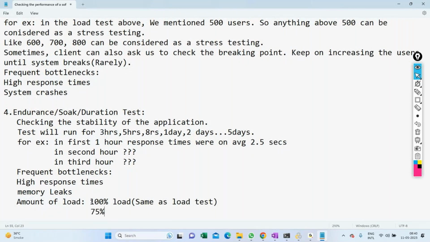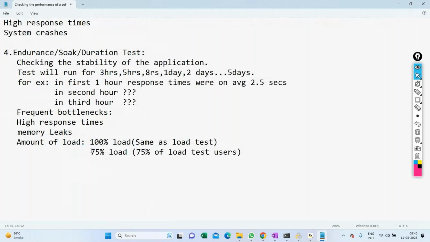It all depends on how your project is managing. 75% of load test users, right? You got it. So if your project is following something out of these two, you continue to use the same.